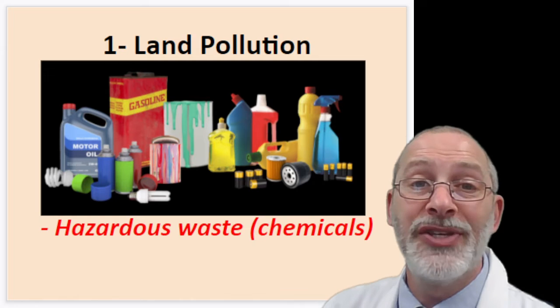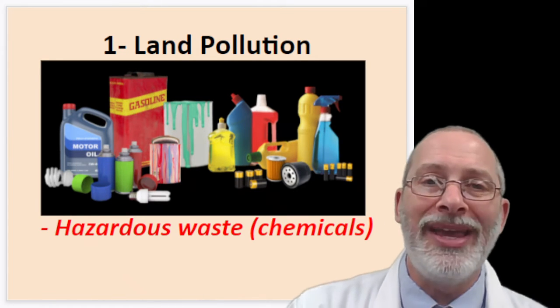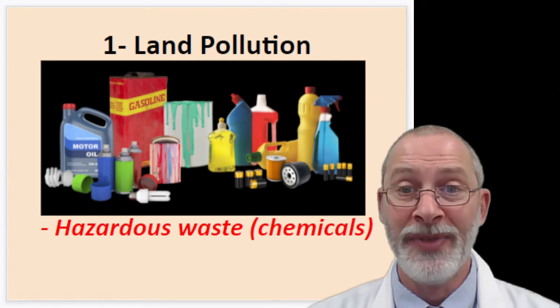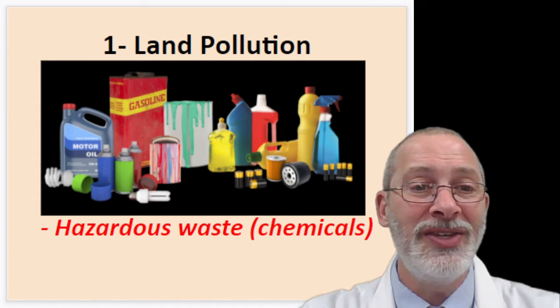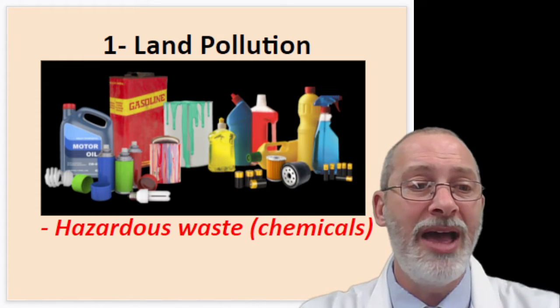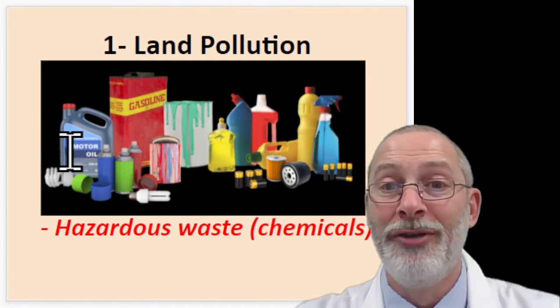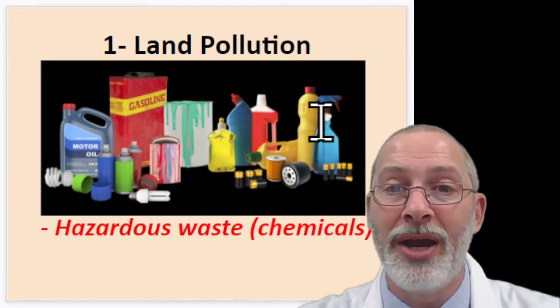Another one is hazardous waste. Hazardous waste typically comes from different classes of chemicals. If you look at this picture here, we've got a lot of things that you probably have either in your own home or in your own garage, from motor oil and gasoline to paint to cleaning products.